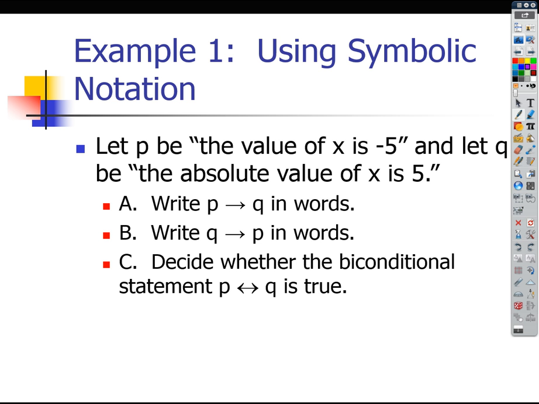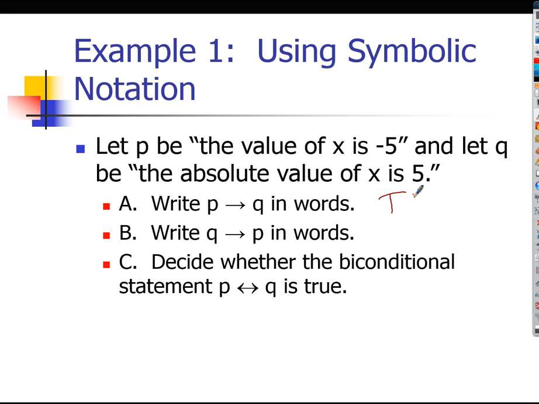Yeah. Okay, true. Anybody dispute that? So we're saying if the value of x is -5, then the absolute value of x is 5. Anybody think of a counterexample? I can't. That one, I'll buy it. That one's true.